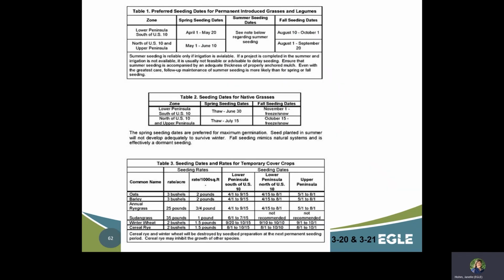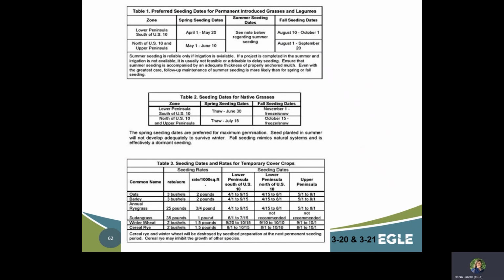The training manual includes guidelines for planting non-native grasses and legumes, native grasses, and temporary cover crops. Recommended seeding dates and application rates should be followed for the best chance of successful establishment.